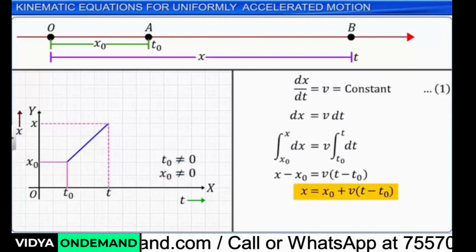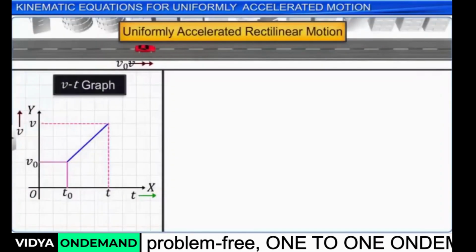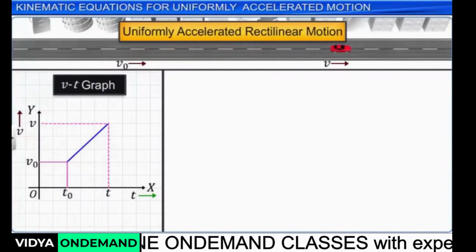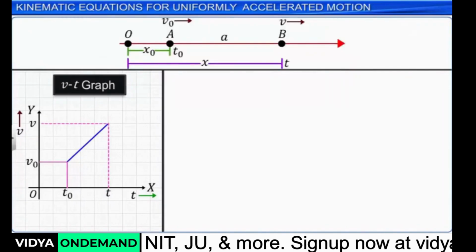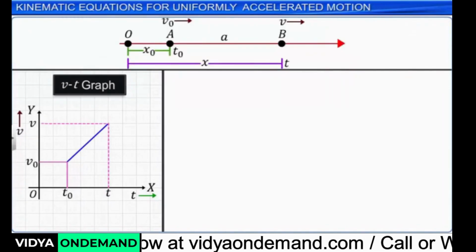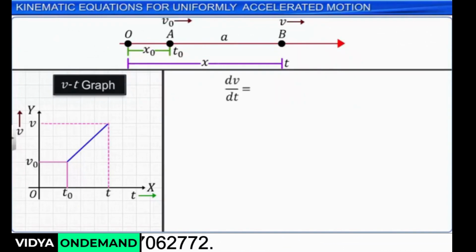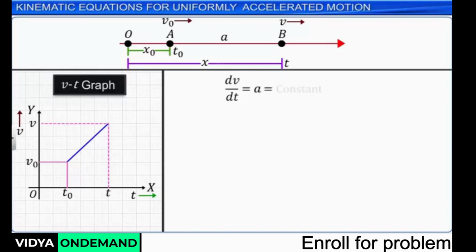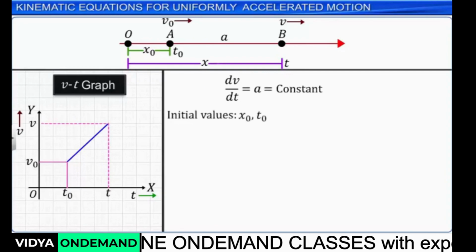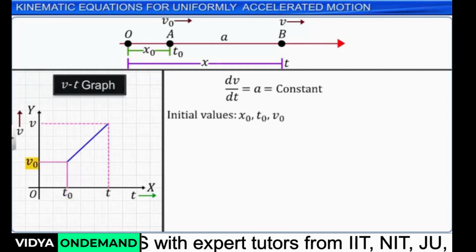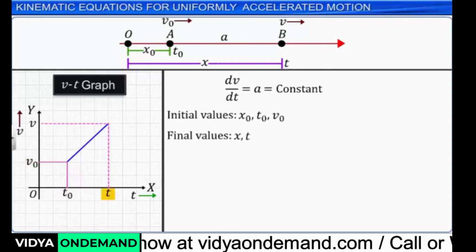Now let's derive equations for uniformly accelerated rectilinear motion. In this type of motion, the acceleration of the particle is a constant, dv by dt is equal to a. The initial values are x naught, t naught and v naught. Similarly, the final values are x, t and v. dv by dt is equal to a.